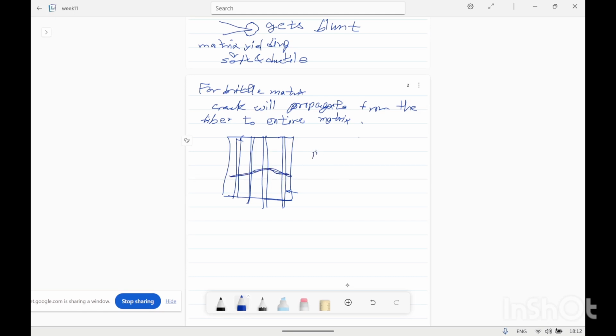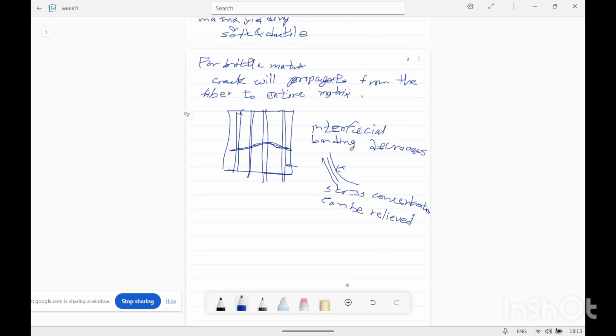So if interfacial bonding decreases at the surface, means this is fiber and this is matrix, when the matrix and fiber separate, due to the creation of surface, the stress concentration can be relieved. And the catastrophic failure can be prevented.